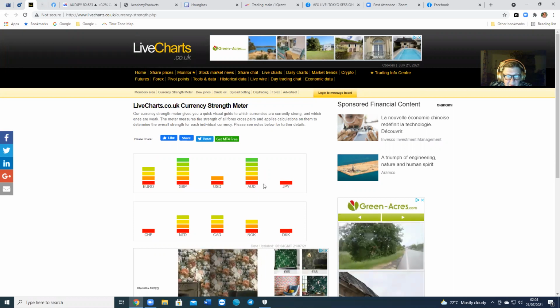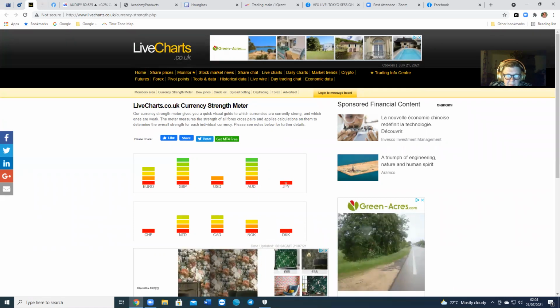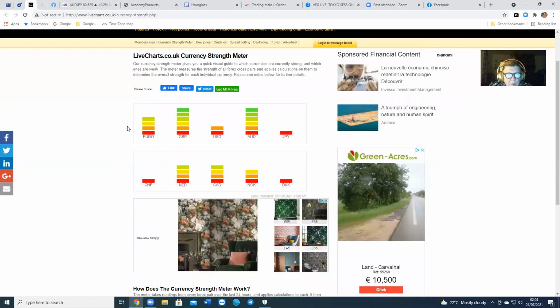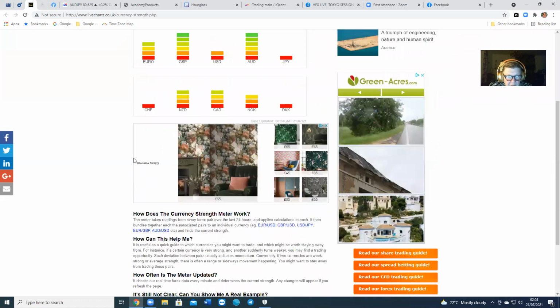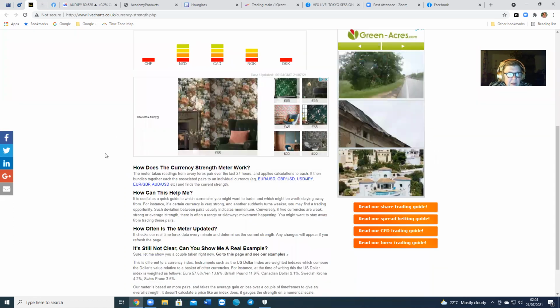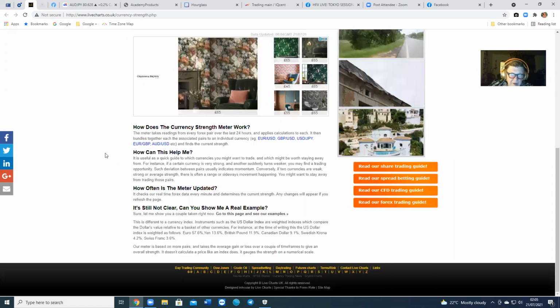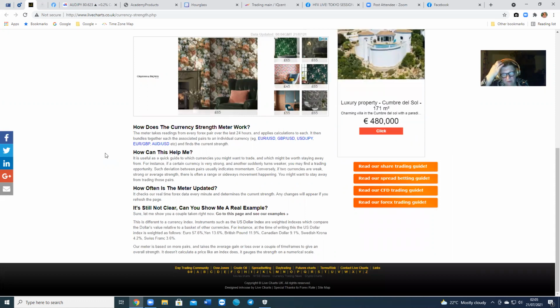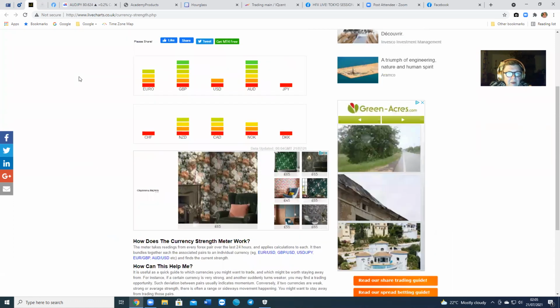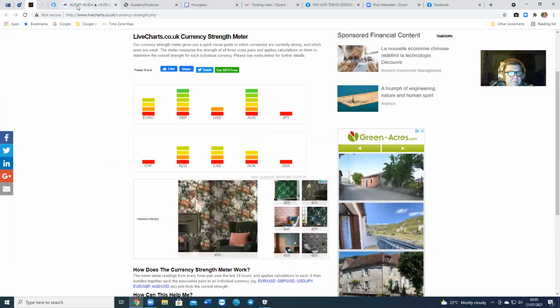Japanese yen, very weak, 1 bar. If you want to know more about how this works, there's some information below. Updated every minute and determines current strength. Any changes appear if you refresh the page. So every time I come back to it, I do refresh the page.